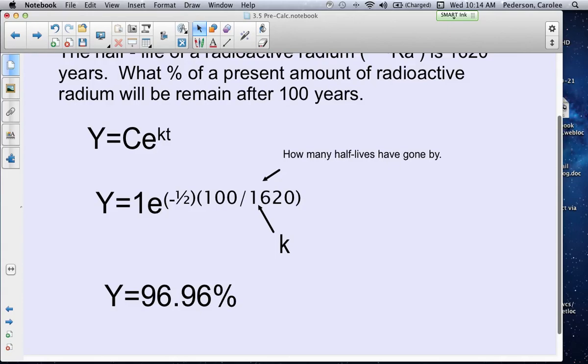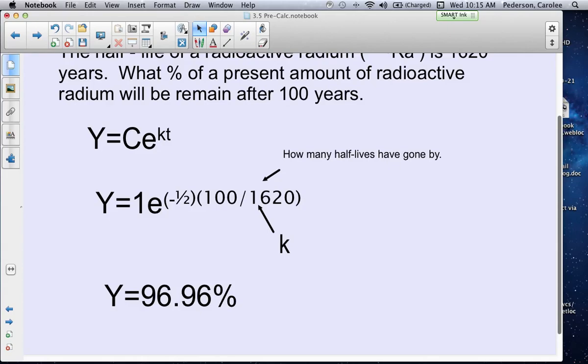It's not asking you what you started with, what's your initial, so that can just be 1. For this one, yeah, you're going to see these formulas a lot. So it's saying e raised to the -1/2 times 100 over 1620, because we've gone 100 years out of the 1620 years for it to decrease by half.